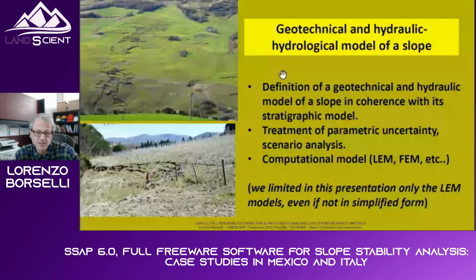in coherence with the stratigraphic model, treatment of parametric uncertainty and scenario analysis, and of course the kind of computational model used to evaluate the degree of stability for different purposes.